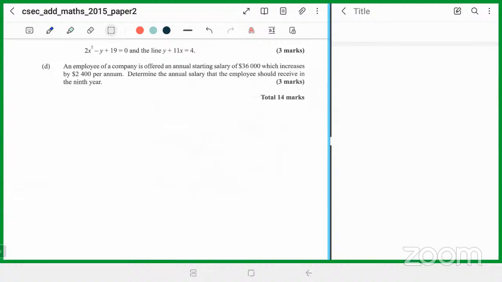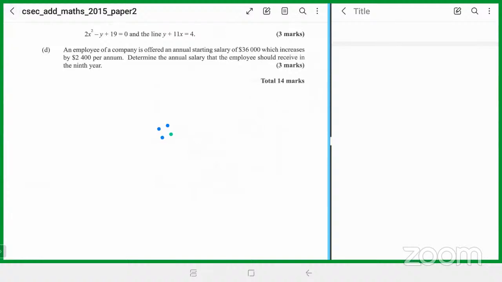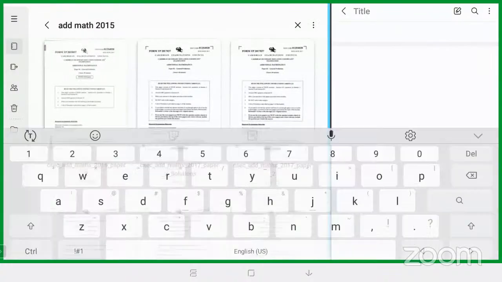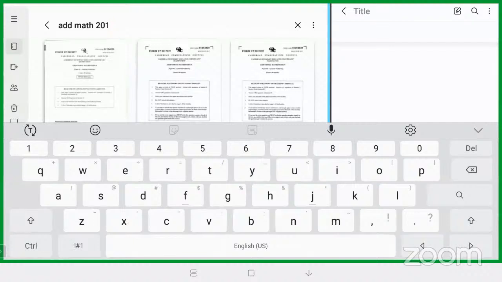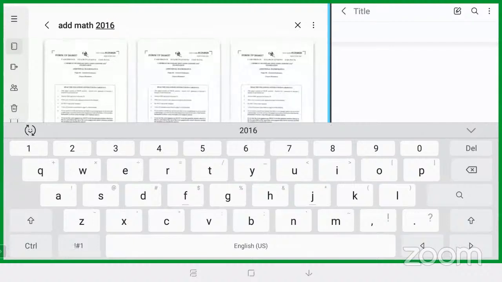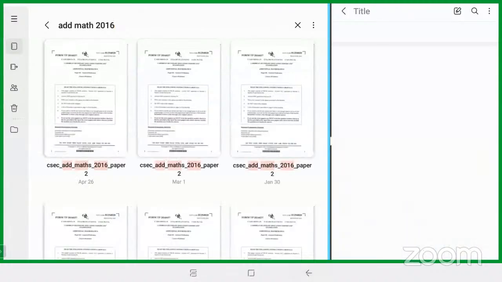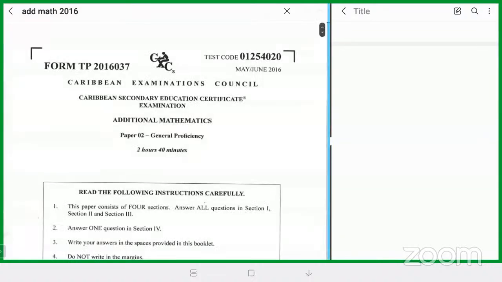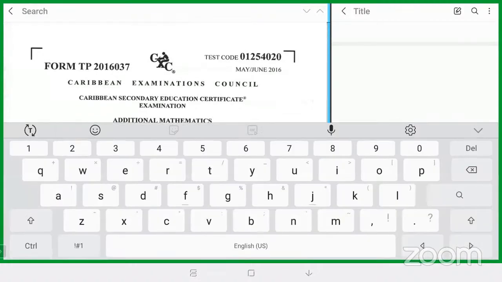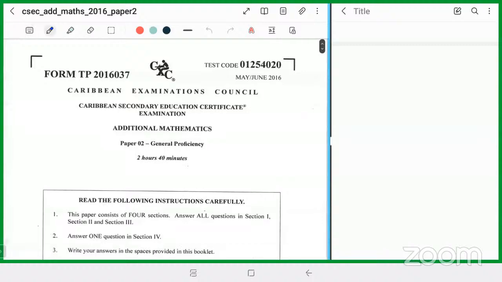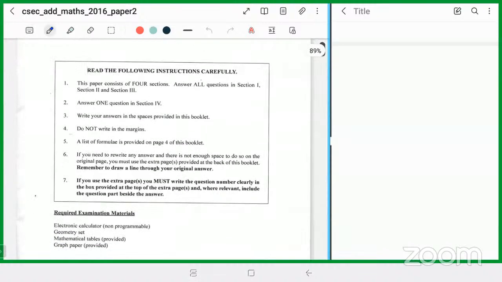Let's look at 2016. All right, let's see this one.